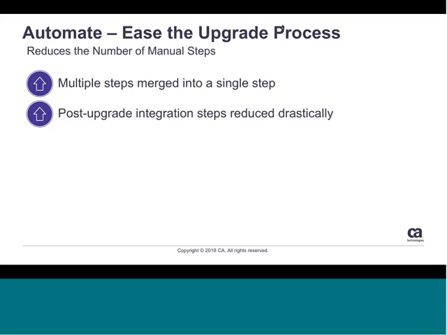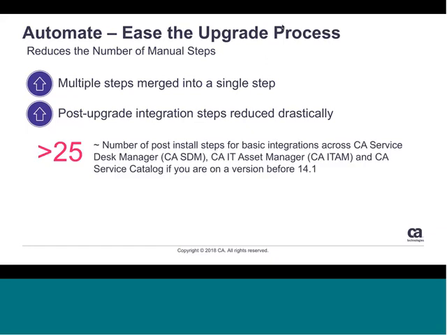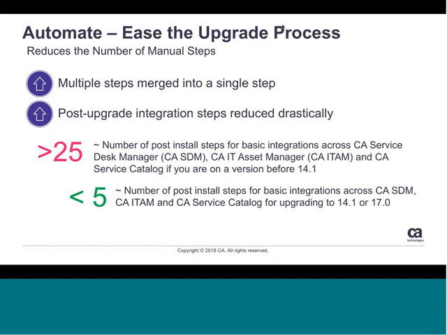But just for a vanilla install case, wherein I have to have the components of the solution all integrated, we found at least 25 manual steps that had to be done on multiple servers to make all these products work as a solution. And that's one major automation that we were able to do to successfully bring this down to less than 5 now. And again, this number is purely on a very basic installation; if you have specific custom configuration, then those might be additional.